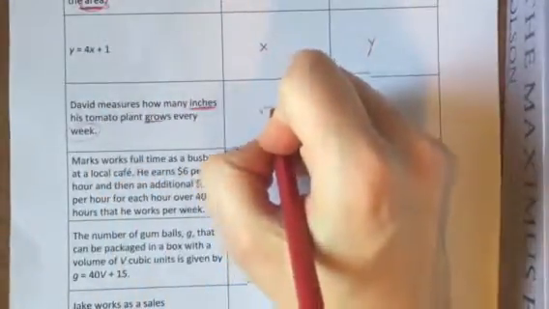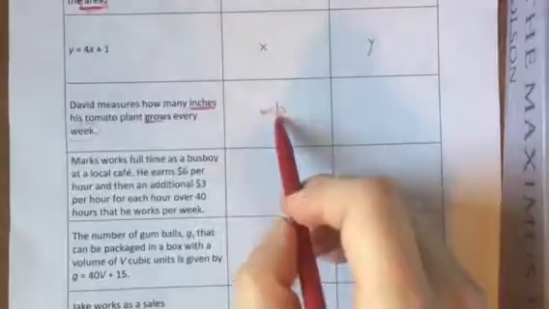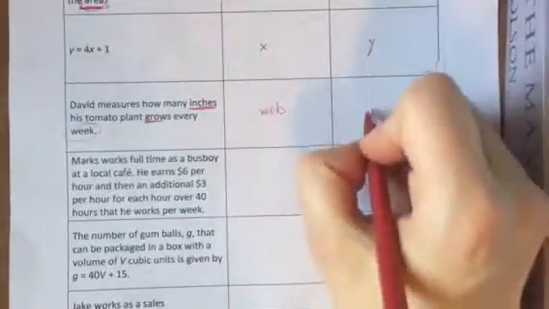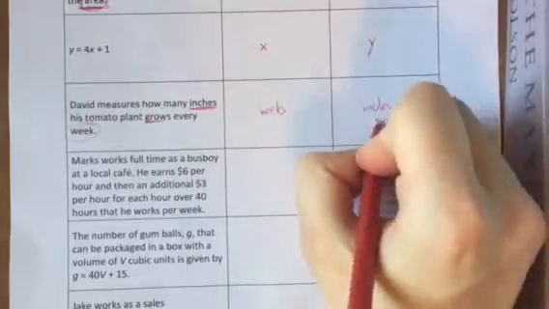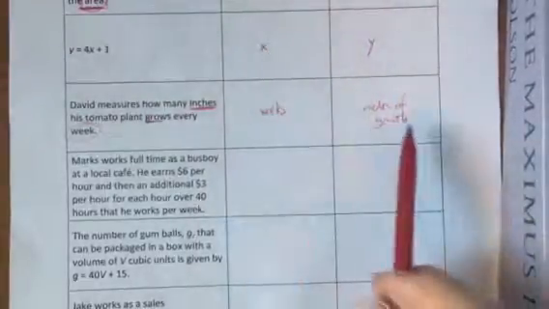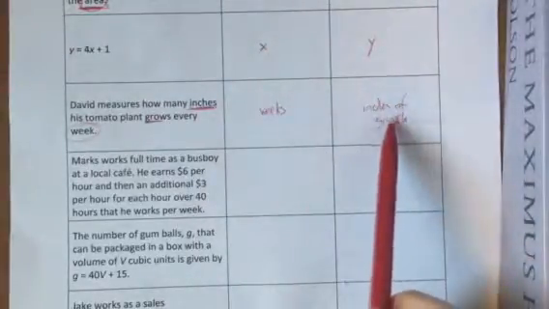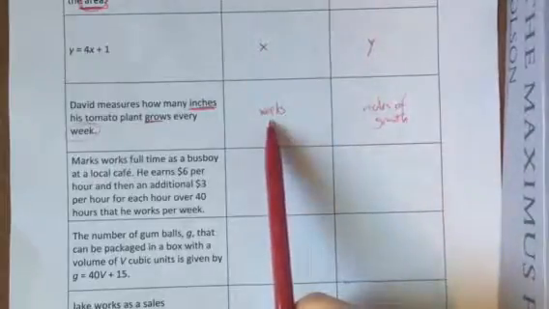So weeks definitely determine the growth. So weeks is independent. The inches of growth are the dependent. Another way to say that is inches of growth depend on the weeks passing. Or you can kind of think of this as the cause and this is the effect, whichever one of those ways works. So you do the last three.